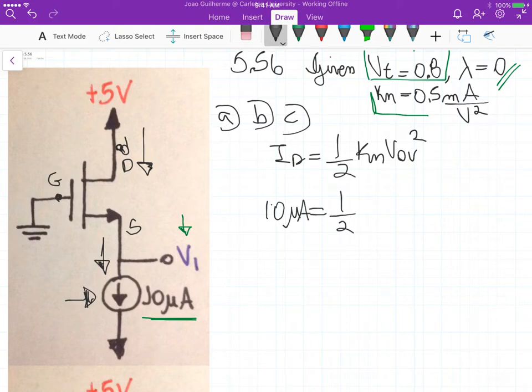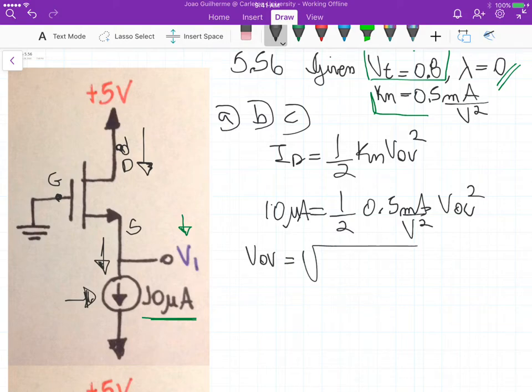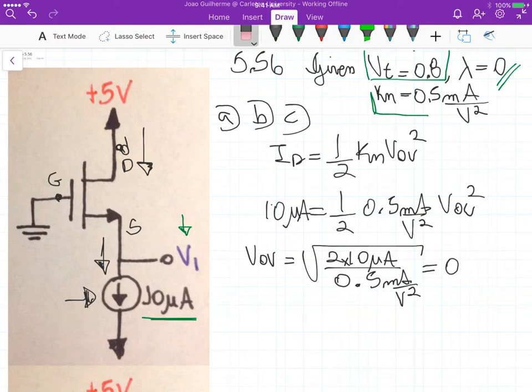And from that, with the device transconductance of 0.5 milliamperes per square volts, we can calculate the overdrive voltage. Basically the overdrive voltage is equal to the square root of 2 times 10 microamperes divided by the device transconductance, which is 0.5 milliamperes per square volts. And this gives us an overdrive voltage of 0.2 volts.